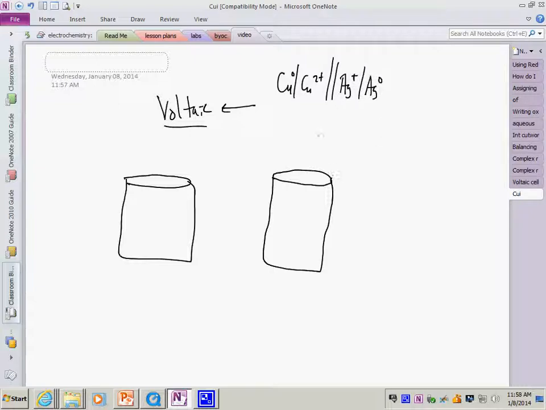So in this case, I would have a post of silver, and I would have a post of copper, and inside the solution I would have copper 2+ ions floating around, and then over here I would have a solution of silver ions.